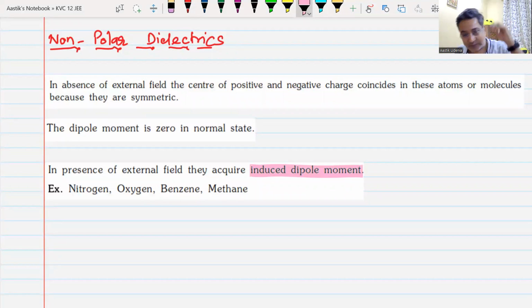So no matter whether it's a polar molecule or a non-polar dielectric, if they are not in the electric field, their dipole moment is almost 0. But as soon as you put them in the electric field, they will have some net dipole moment. Have we understood the concept behind this? Yes or no? Have we noted this down?